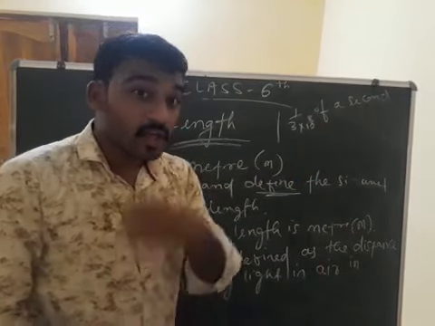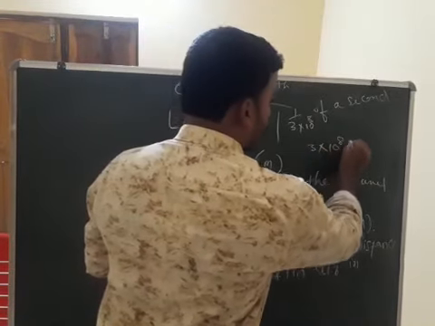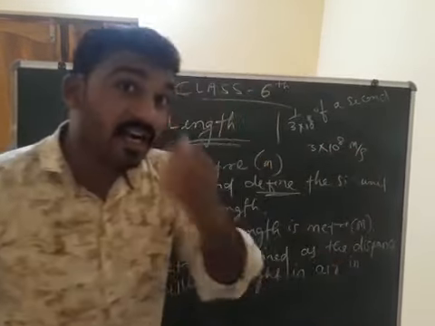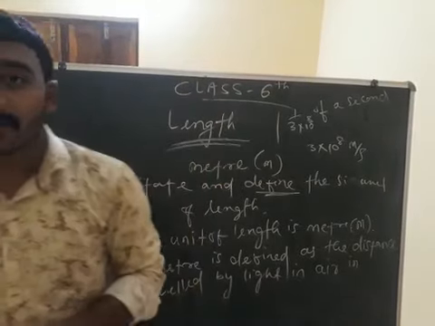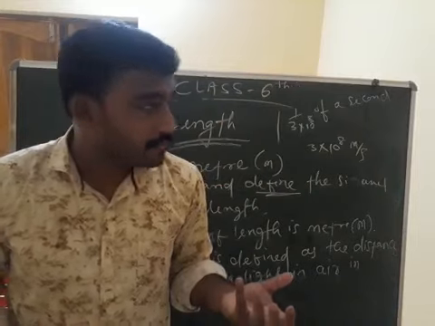It means you know the speed of light is 3 into 10 to the power 8 meter per second.